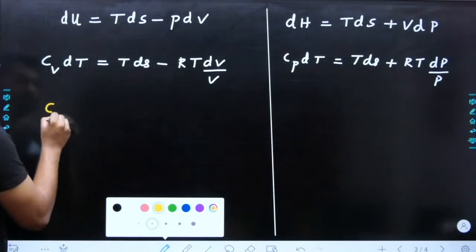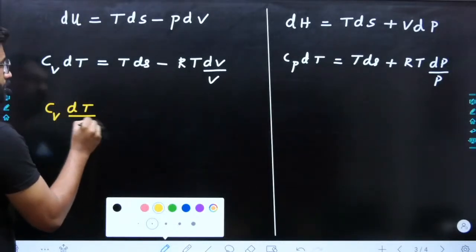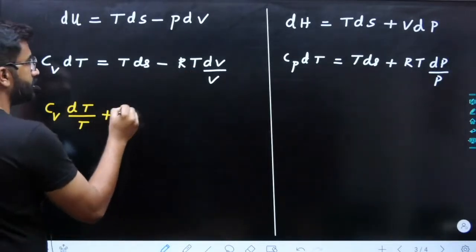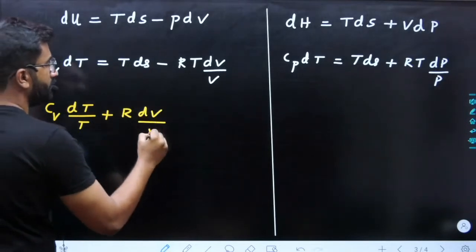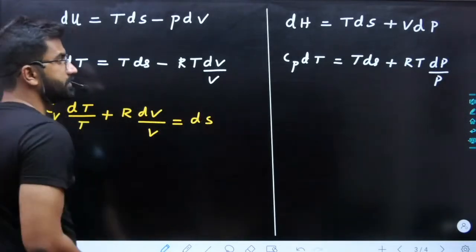It will become Cv into dT by T, T से divide कर रहा हूं मैं, plus R into dV by V equal to dS.